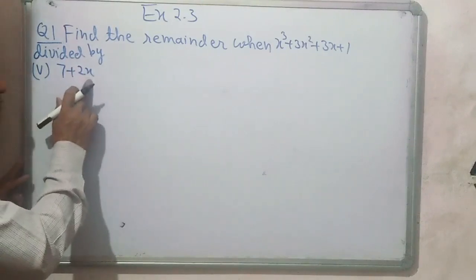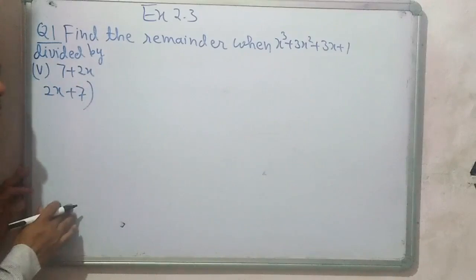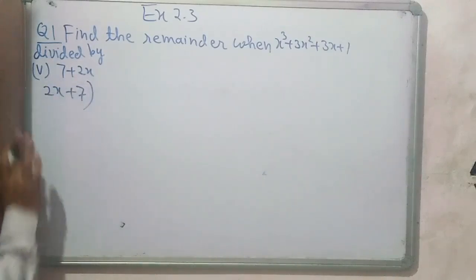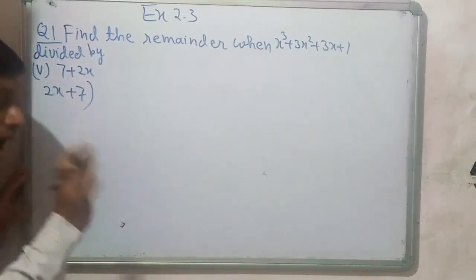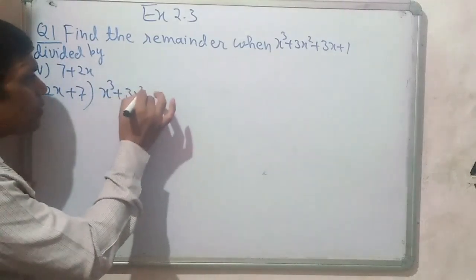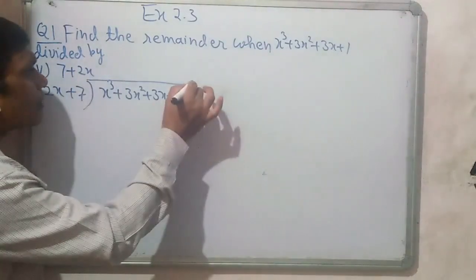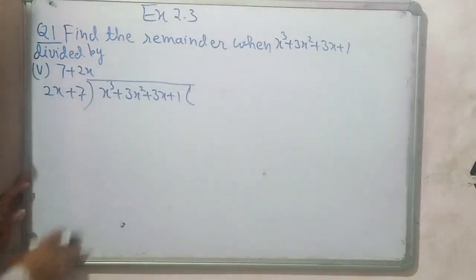So what term should be first? 2x plus 7. 7 plus 2x is now in standard form. And we have to divide x cube plus 3x square plus 3x plus 1. Let us do the division.